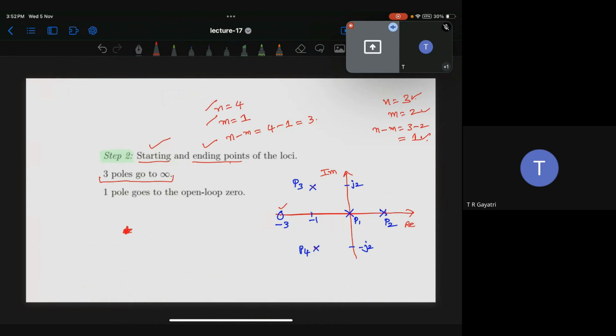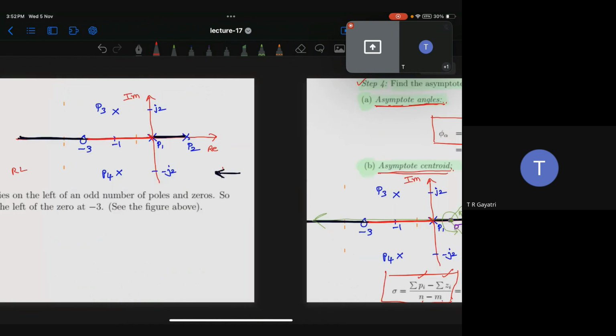Out of four poles, one pole will go to a zero and three poles will go to infinity. So poles are always going, and one pole is going towards a zero. It means that poles will have departure angles, zeros will have arrival angles.